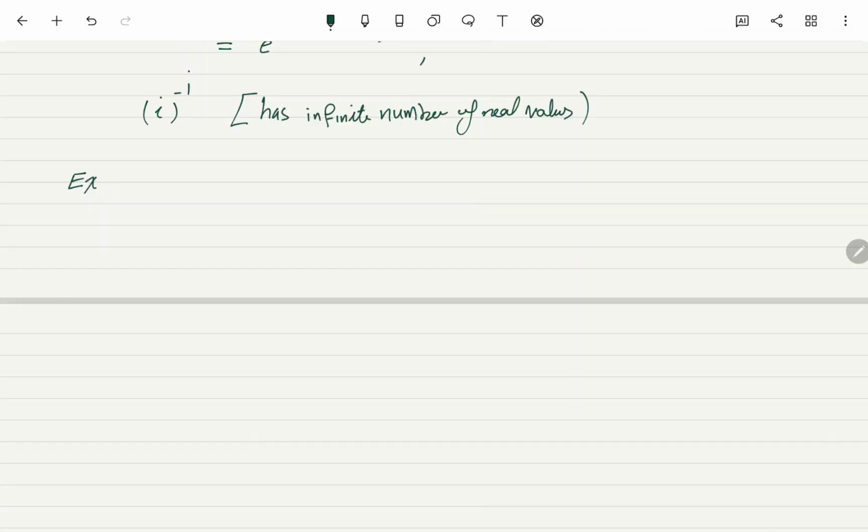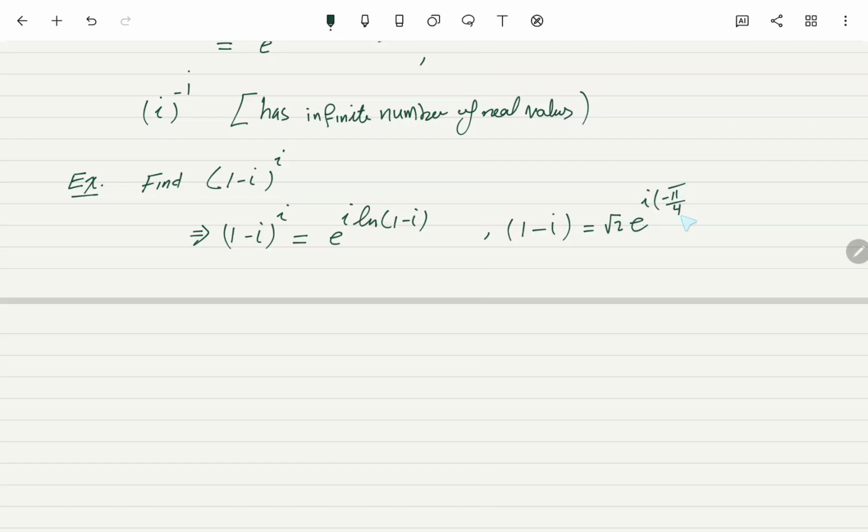Example, find 1 minus i to the power i. Therefore, 1 minus i to the power i equals e to the i ln of 1 minus i, and remember for 1 minus i, r equals square root of 2, square root of 2 e to the, and theta is minus pi over 4 plus 2m pi.